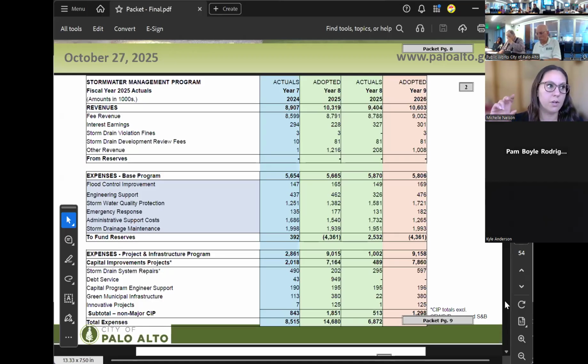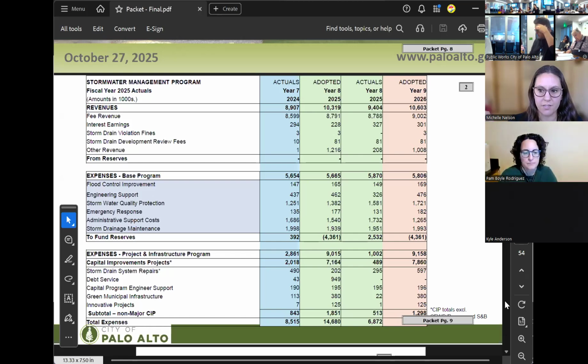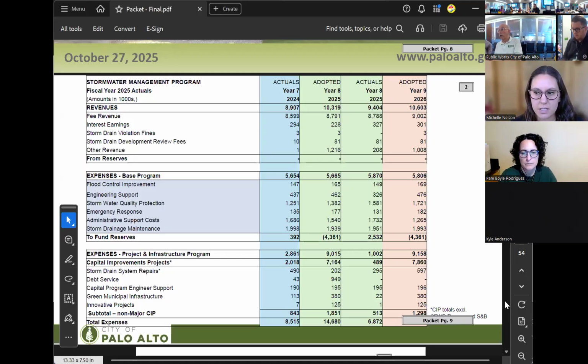So the revenue and the expense are both going to be reflected in that project. You'll see the revenue in the top section and the expense in the bottom project and infrastructure program section under that bold capital improvement projects one. 513 is what you're saying? Yes, and so that 208,000 is part of that 513,000.